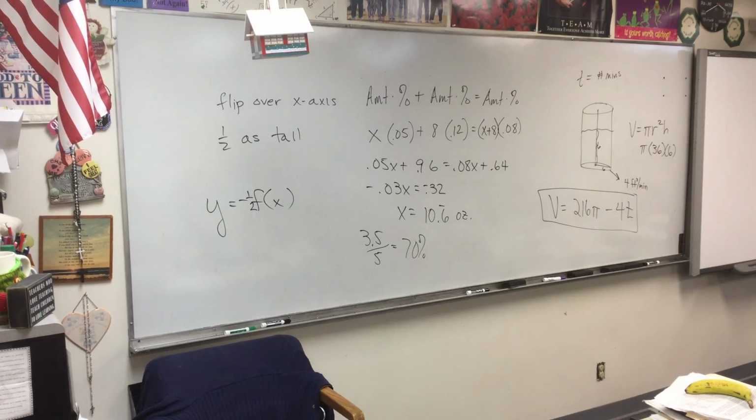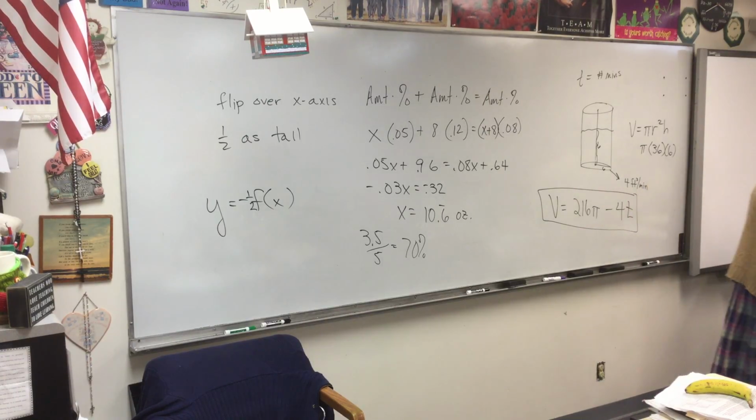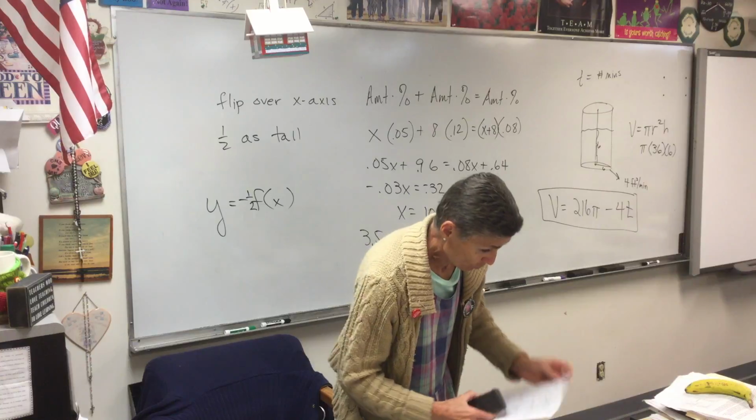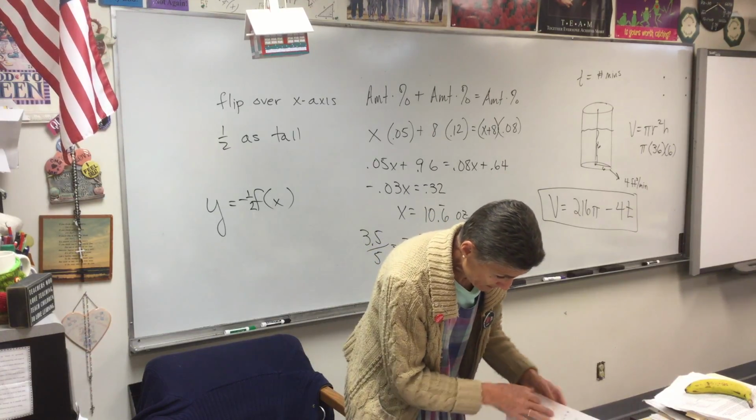I do not want to use up our last review day spending the period on 1.7, because the test is more than that, and I think it would be better for us to review everything, not just 1.7.